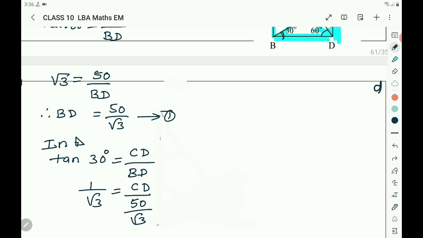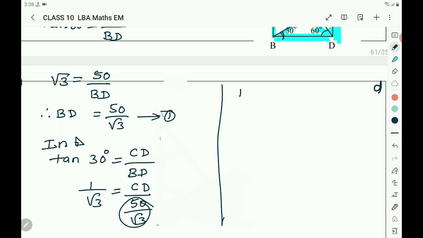Now do the cross multiplication here. 1 by root 3 into 50 by root 3. The 50 by root 3 is in the denominator of CD by 50 by root 3.